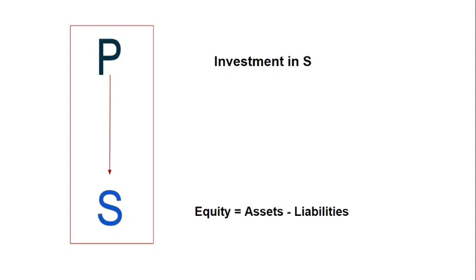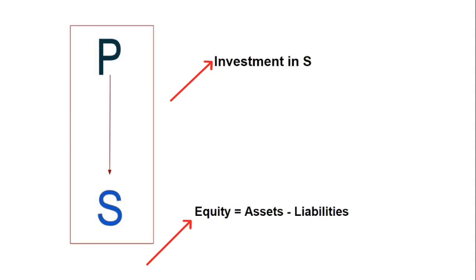Now, the common items or the intra-group items we're looking at here is first of all the investment in S that is recognized in the separate financial statements of P, and the common item to that in the separate financial statements of S is the equity of S.